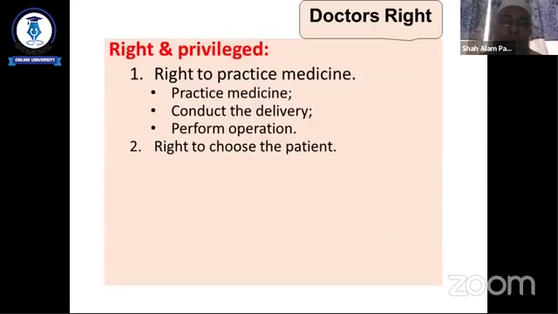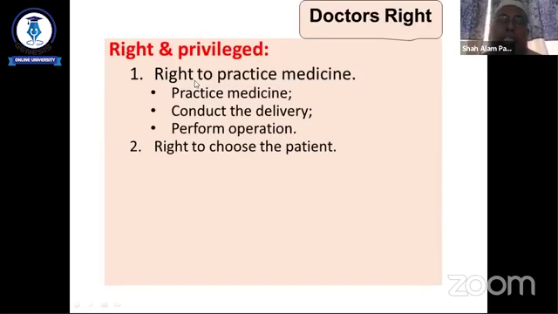Let's see what the rights of a doctor are. Right and privilege of a doctor: right to practice medicine. This includes surgery, medicine, gynae, all of these. The doctor can practice medicine all over the country.